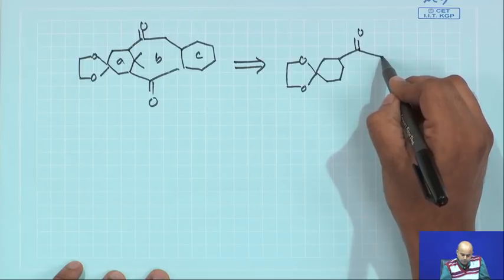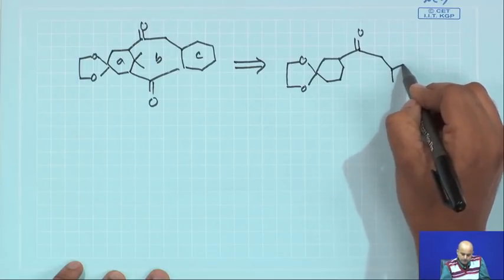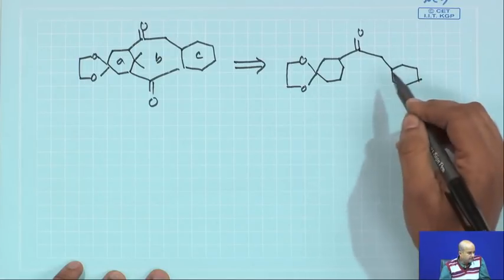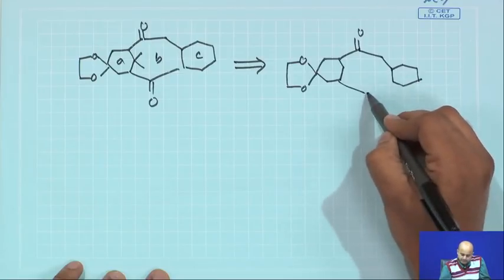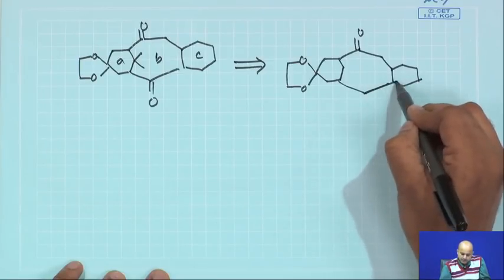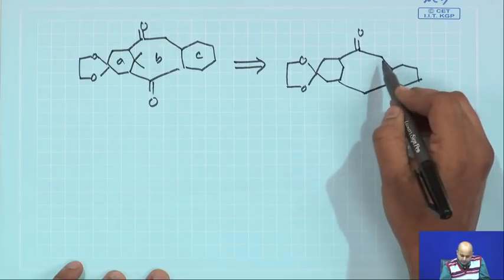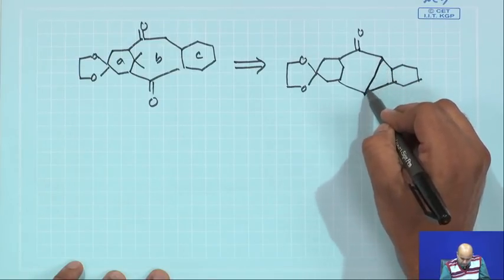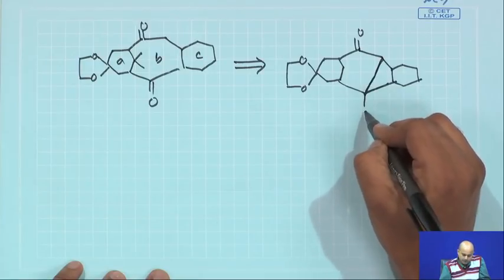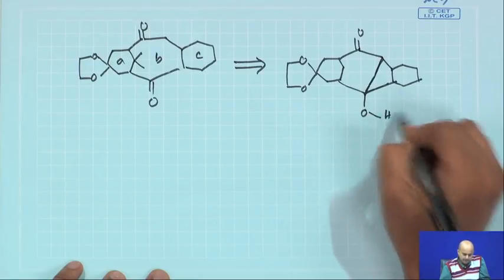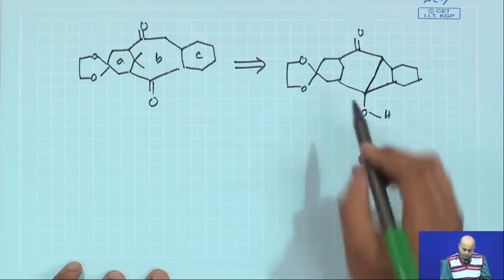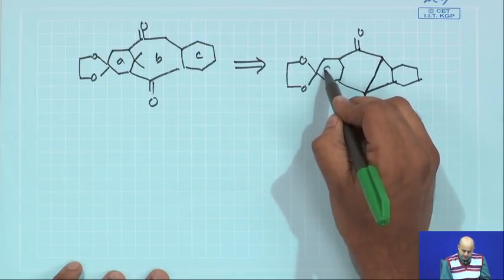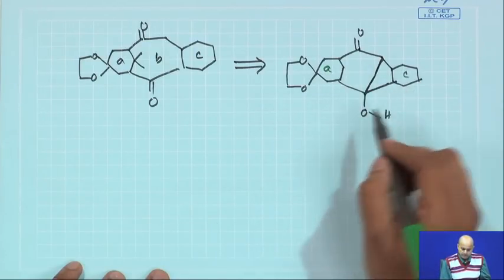You have a CH2, you have another CH2, then basically you have this 6-member ring, and then okay. Now, I am saying that I will try to make this ring in this fashion, while putting an OH here. Now, this ring A is there, and C is a 6-member ring.